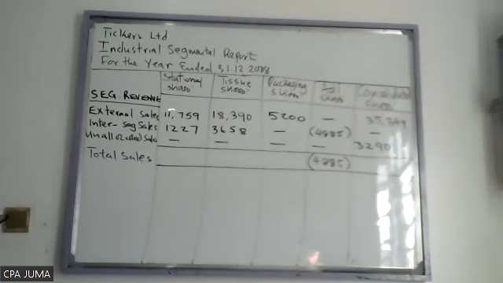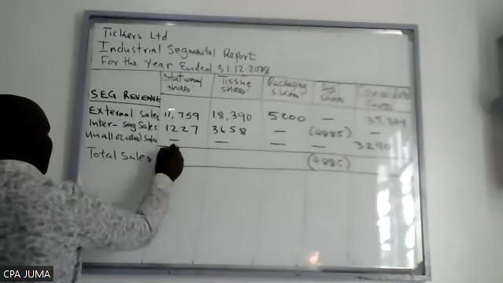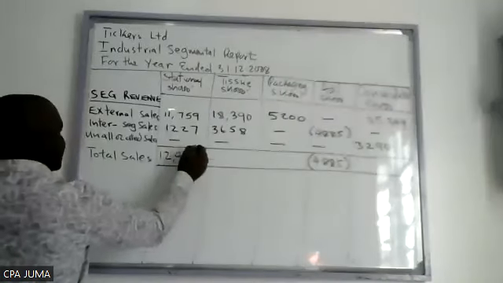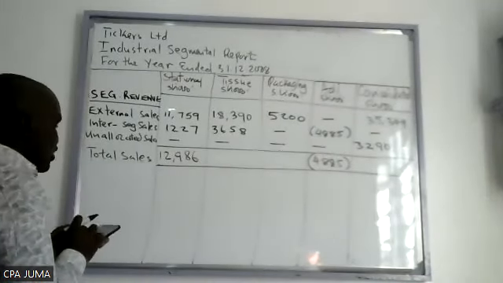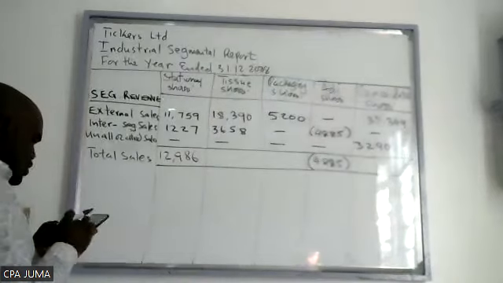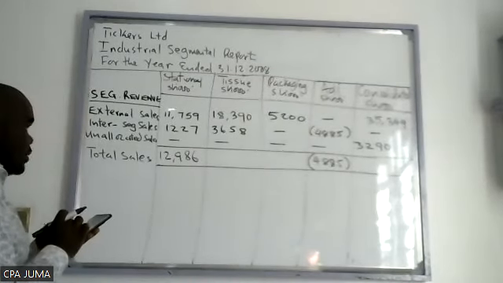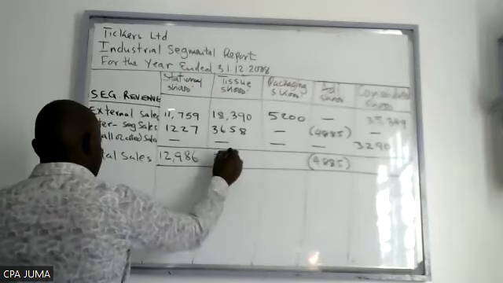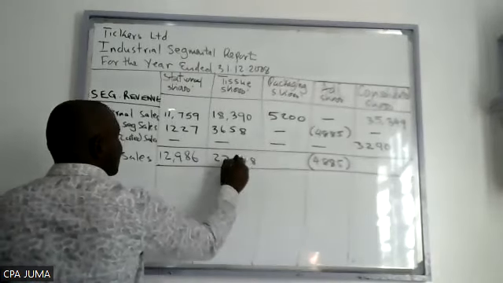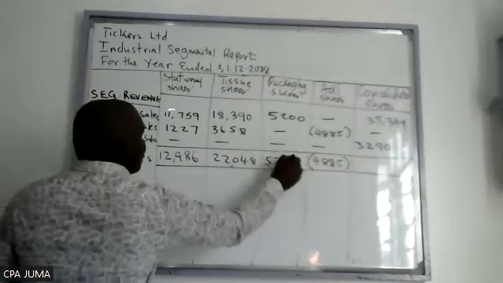So 11,759 plus 1227 is 12,986, 18,390 plus 3658 is 22,048. This is 52.